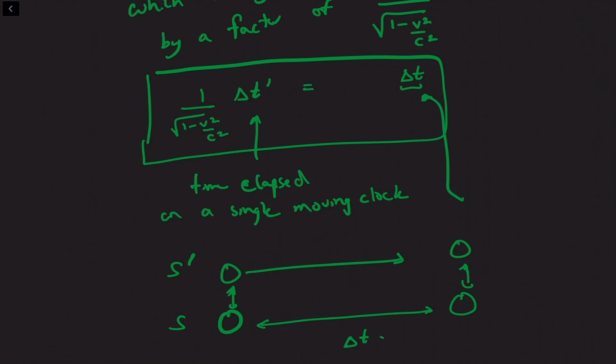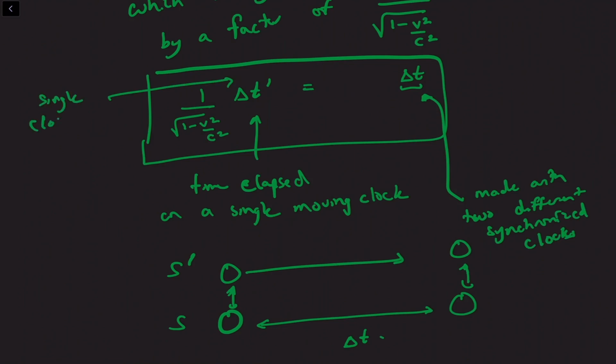So this measurement is made with two different synchronized clocks on the ground, whereas this time interval is measured with a single clock on the train, in the moving frame. And we're saying that delta t prime will appear to be smaller than the time interval delta t that has elapsed on the ground.